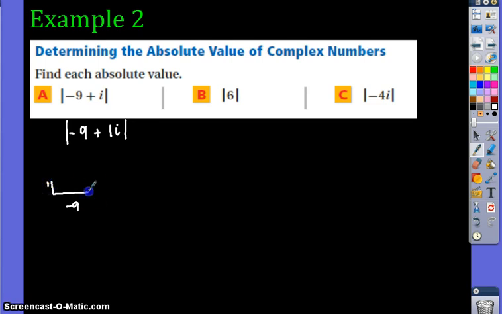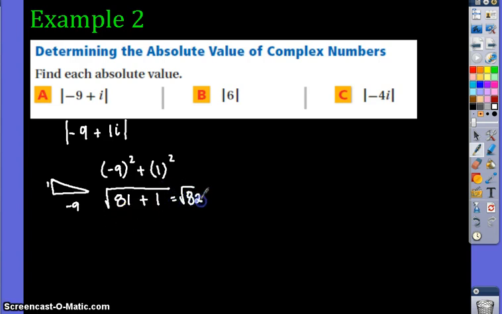So we need to find out how far it is from here to here. Again, it's like a Pythagorean theorem or a distance formula problem. We would do -9 squared plus 1 squared. -9 squared is 81. 1 squared is 1. But then we need to take the square root of everything. So this is really the square root of 82, which is as simple as it gets.